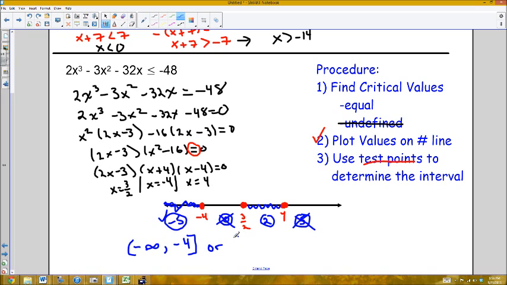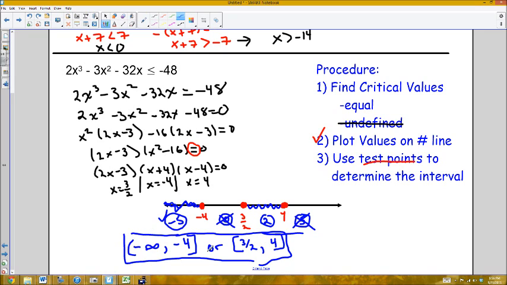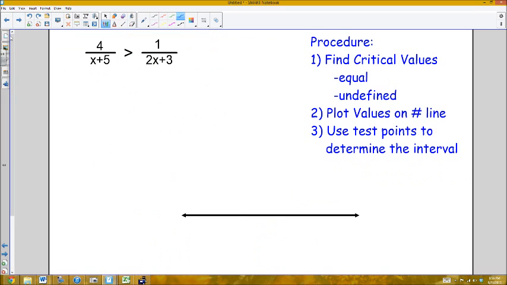Or it's all the values from and including 3/2 up to 4 and including 4. So this represents my interval.